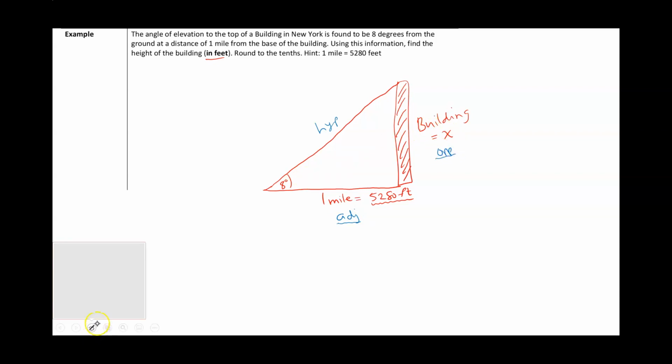So now let's think about which function relates the opposite and the adjacent. So we have SOHCAHTOA, and the tangent function relates the opposite and the adjacent sides. So we are going to say that tangent of 8 degrees equals the opposite, which is x, divided by the adjacent.